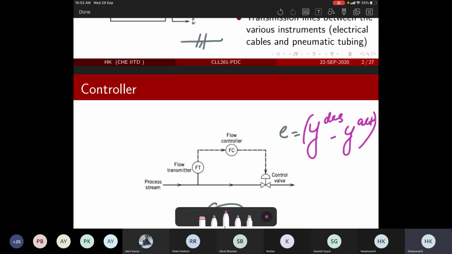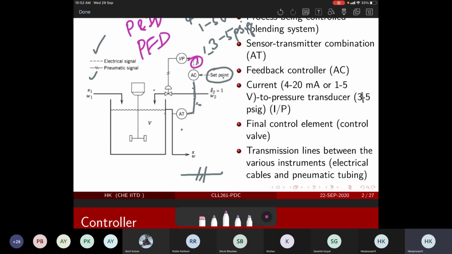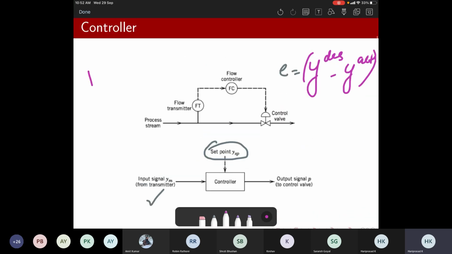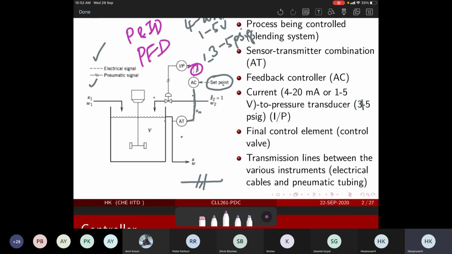So for the proportional controller, you see this is the controller output, P. You need to define how P should be. So P could be proportional to the error, which essentially means the controller output would be more when the error is more. When it drives more, your valve would be either fully open or closed.